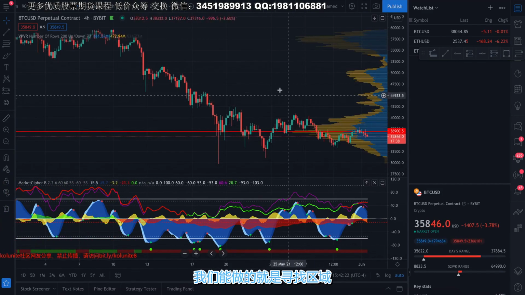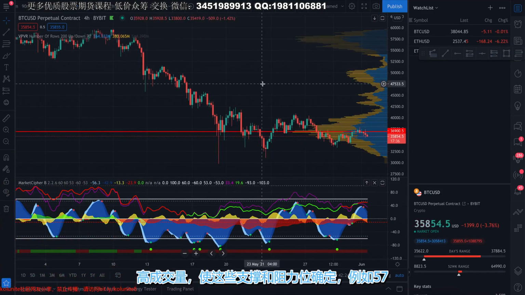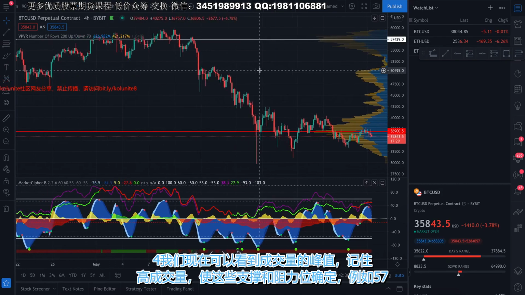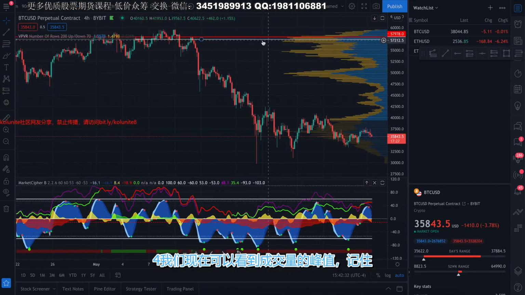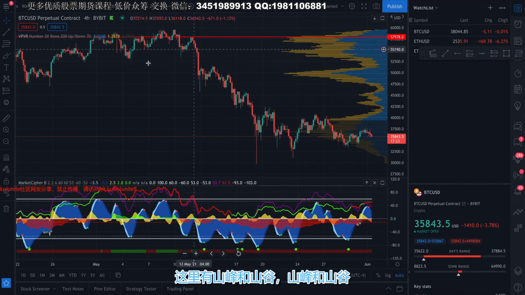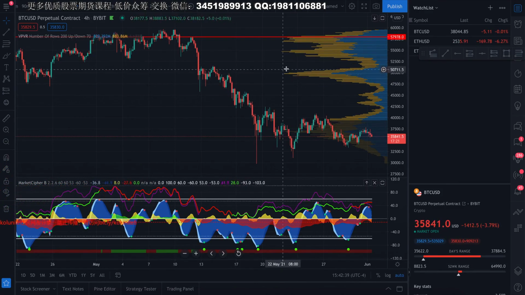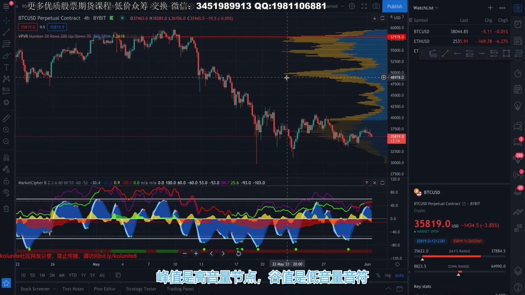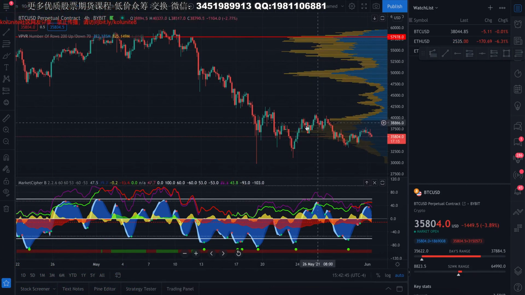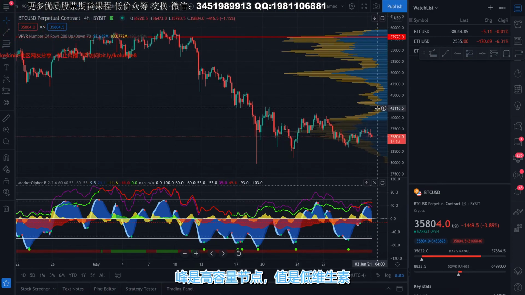What we can do is look for areas of high volume and make these support and resistance levels, okay? So, for example, 57.4, we can see a spike in volume. Now remember, there's peaks and valleys here. The peaks are high volume nodes and the valleys are low volume nodes.